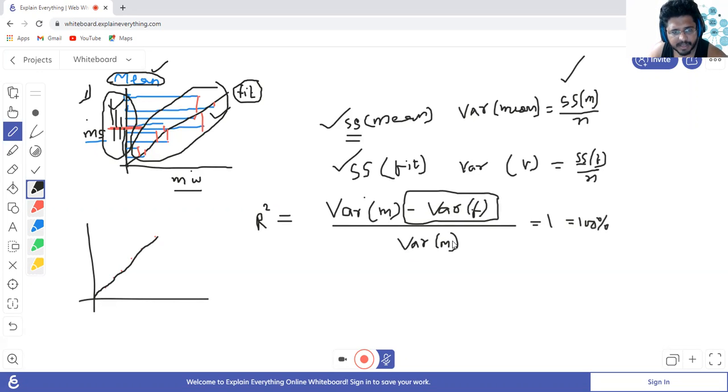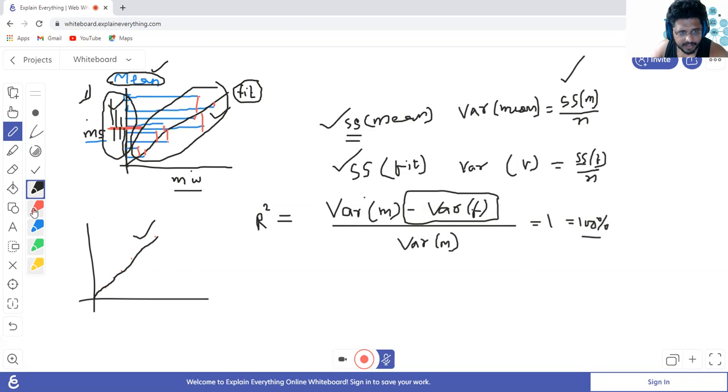That means my best fit line is top quality, is the best, have 100% confidence in predicting any future value using this line. Because it completely became 0 and I got 100% r square value.